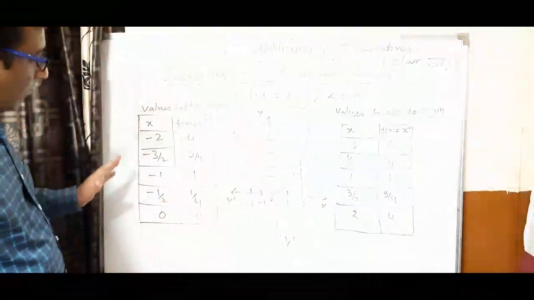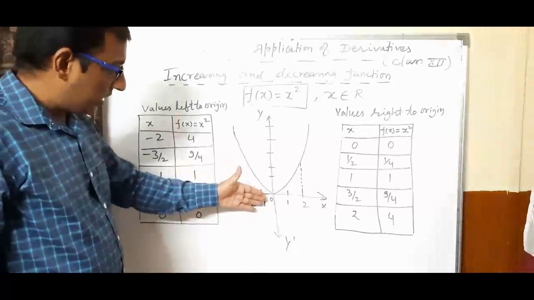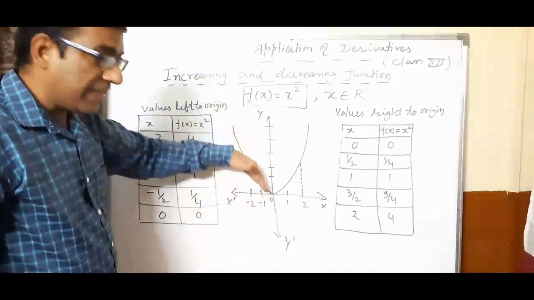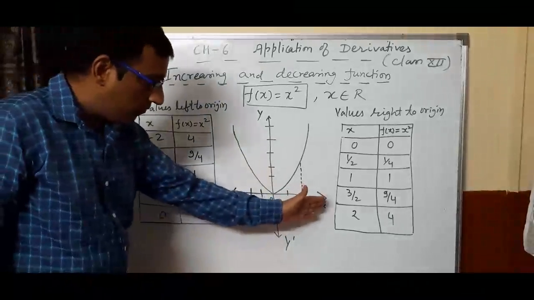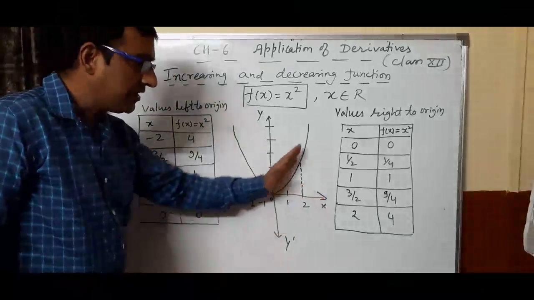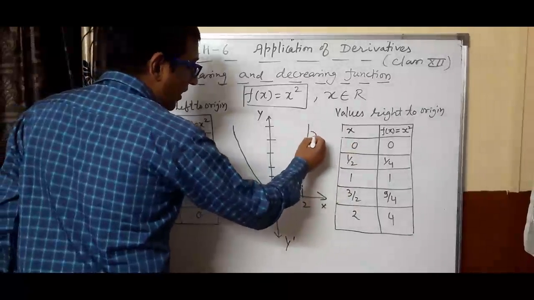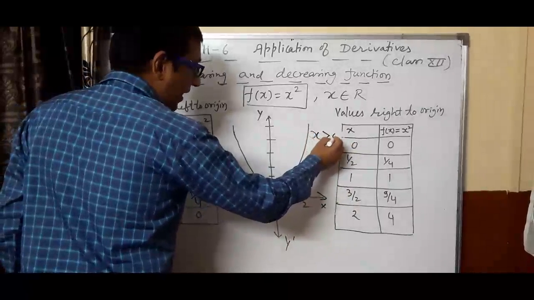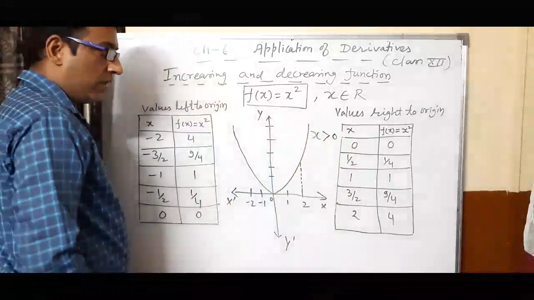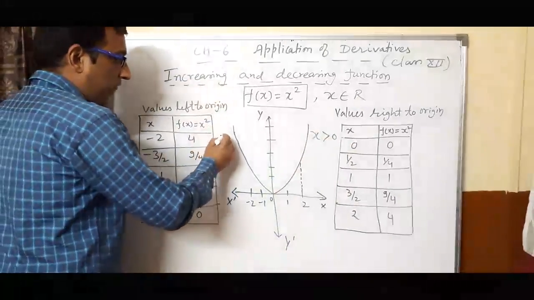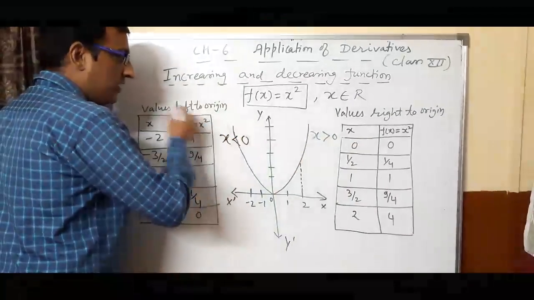It means when we go from left to origin, the graph is decreasing, and when we go from right to origin, the graph is increasing. So on the basis of these values, we can say the function is increasing when x is greater than 0, and the function is decreasing when x is less than 0.